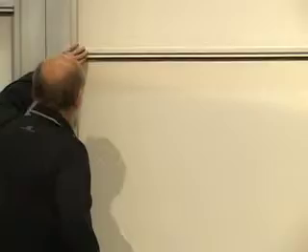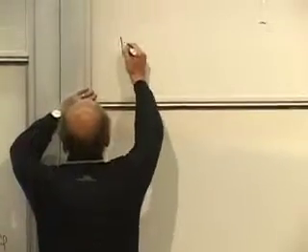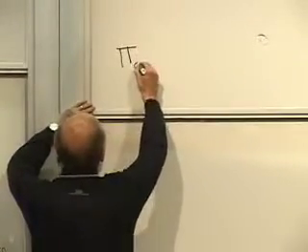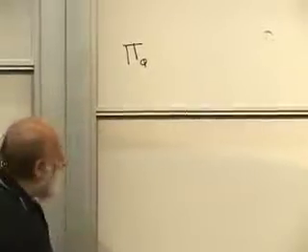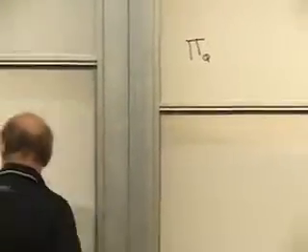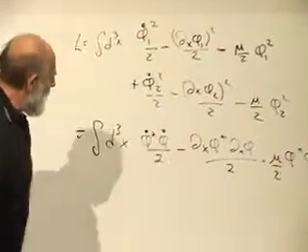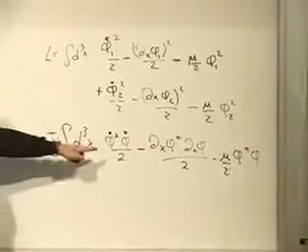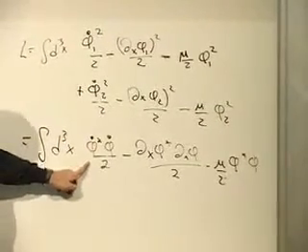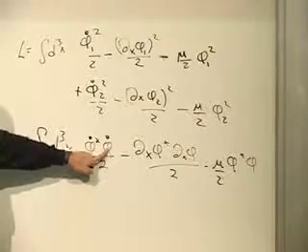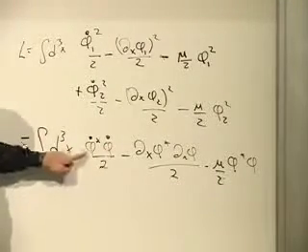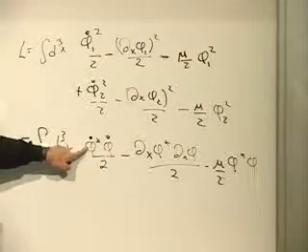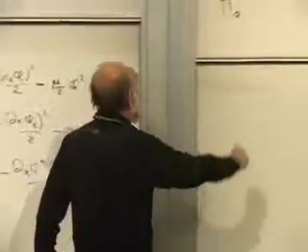So here's the idea. What is the canonical momentum conjugate to phi? Here's our Lagrangian. It's the derivative of the Lagrangian with respect to phi dot, right? That's its definition. But that's just phi star dot.